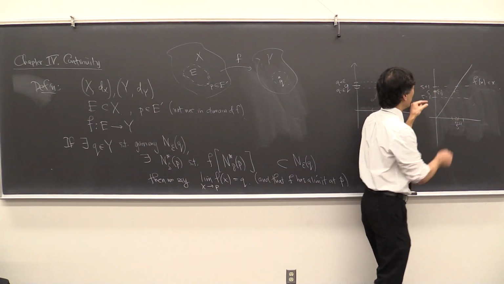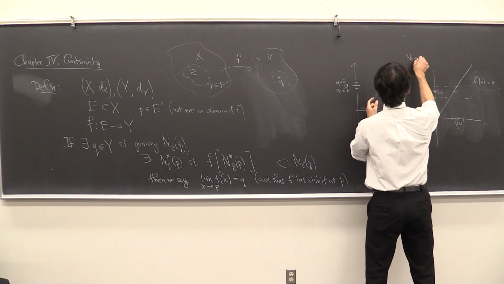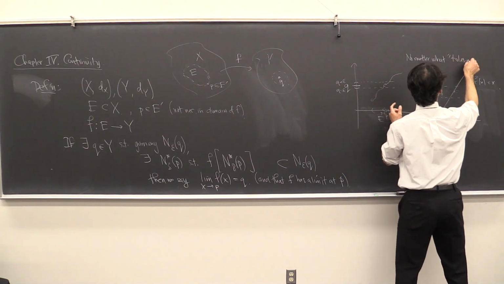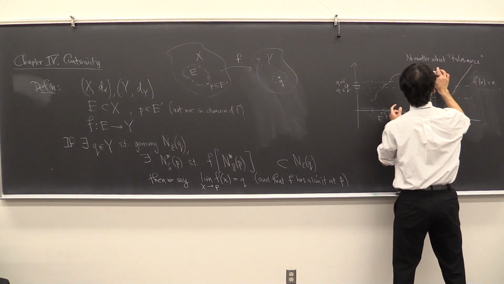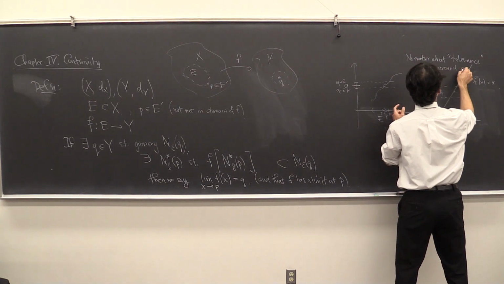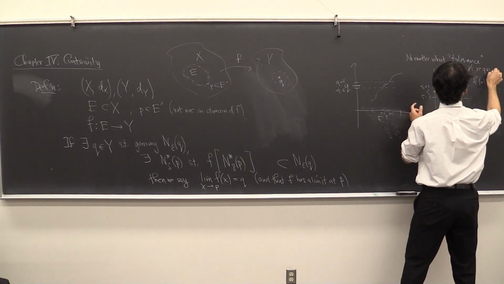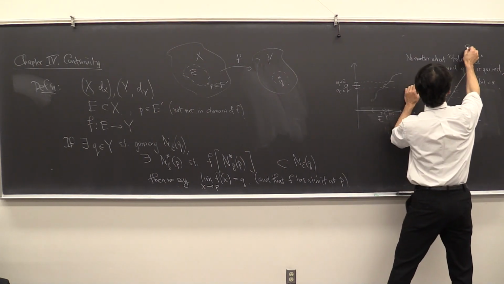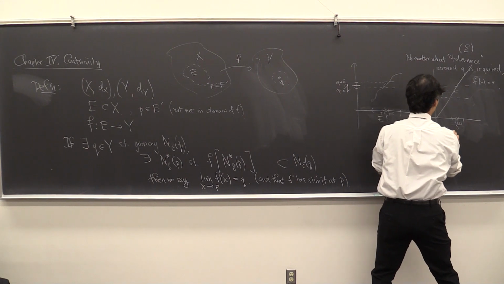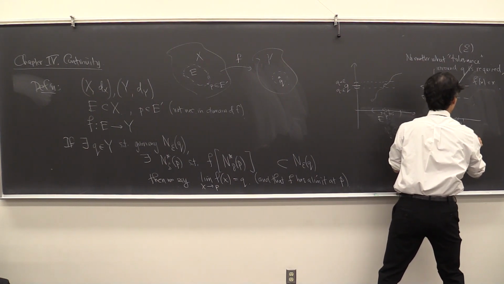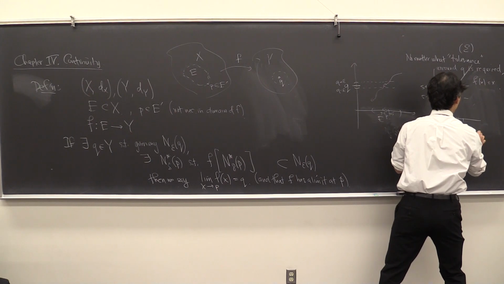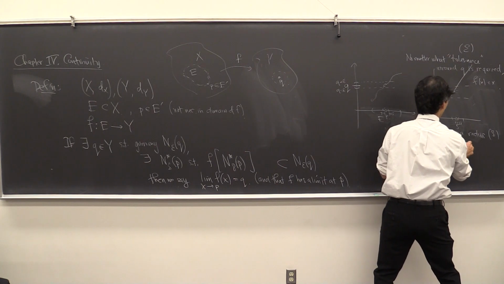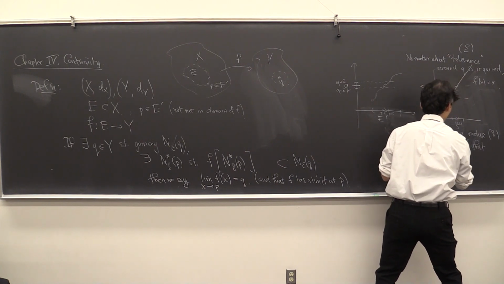The way I usually say this is, no matter what tolerance around Q is required, that's the epsilon, there's a neighborhood, a punctured neighborhood, there's a radius delta in which that tolerance is satisfied.